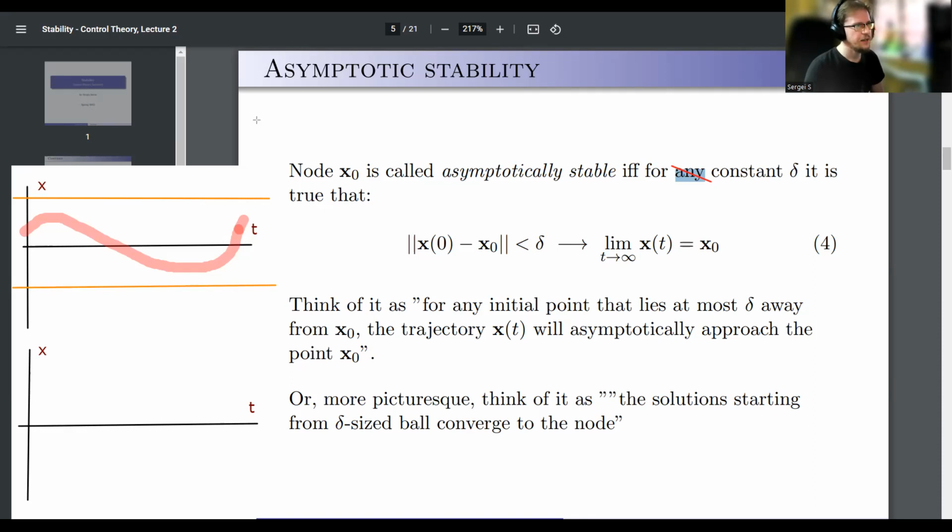Now, for asymptotic stability, what we require is that the system will go towards the node itself. So here, what we see is that the system approaches, I guess, zero, right?